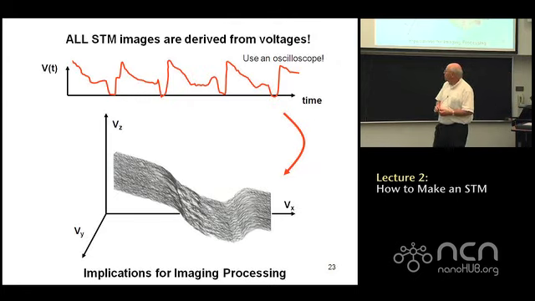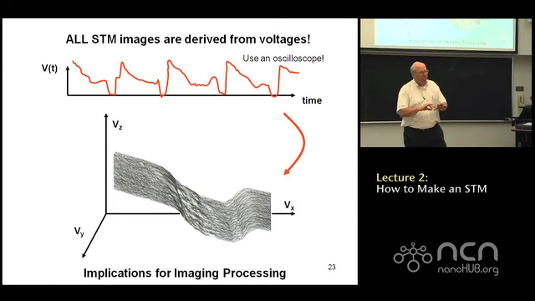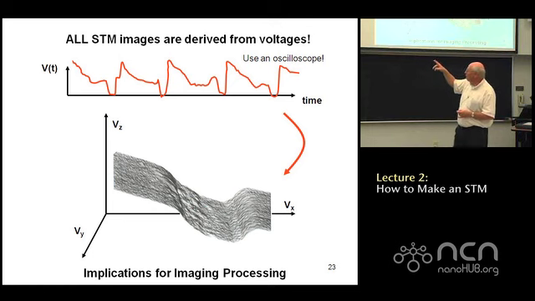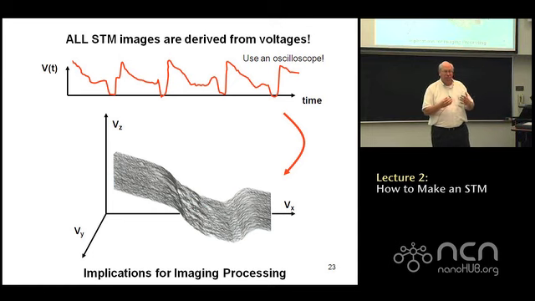The thing I always try to tell new students, even if they're doing AFM, right? Of course, it should be obvious if you're doing STM, but if you're doing AFM, it's a little bit more remote. All the signals, all the images that you measure are voltage images, right? When you see these images in X, Y, and Z, right, those images are really derived from voltages that the computer measures in the course of scanning a tip over a substrate, right?